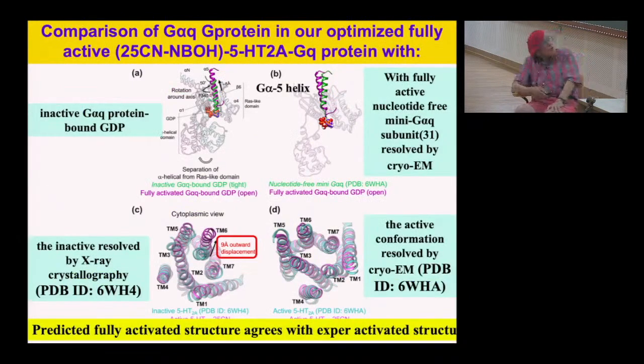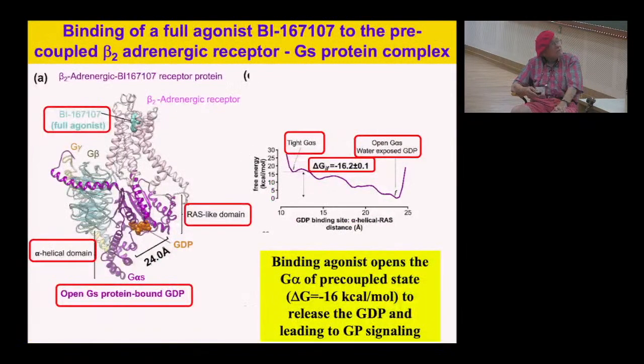So this is another comparison, another ligand. This is just comparing the final structure. So the final activated structure that we calculate and the final activated structure measured experimentally are in excellent agreement with each other. So this is for beta-2 adrenergic receptor. This is the one you want to agonize for asthma.